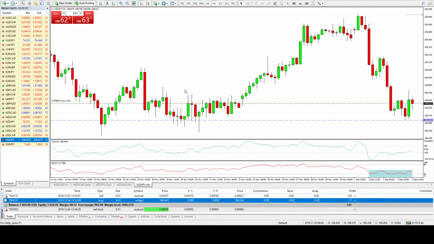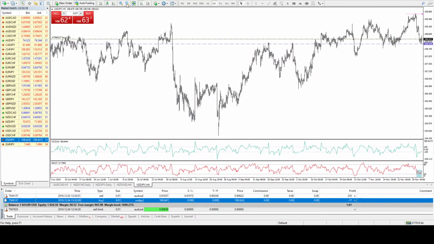Oversold here, and then let me zoom out. Look at this level. Look at this support. This is a massive strength. So if it breaks through it, it's fine because our risk and reward is very, very good.